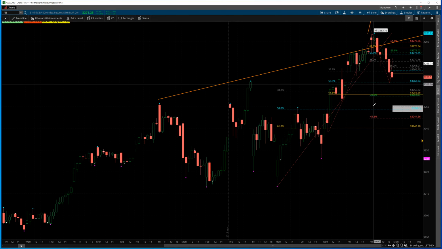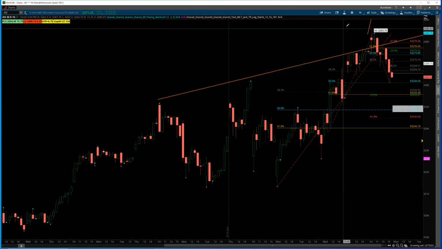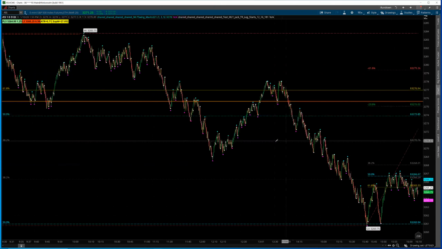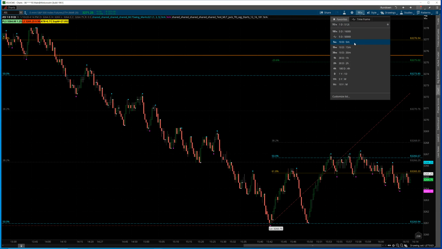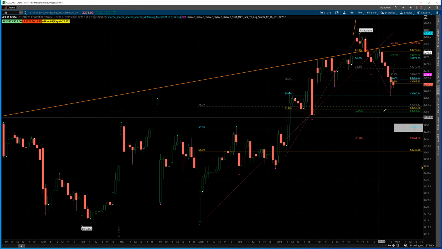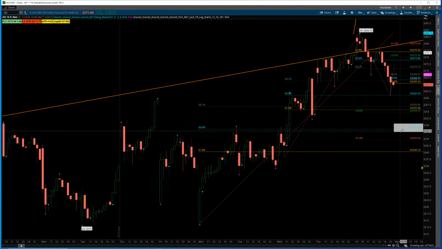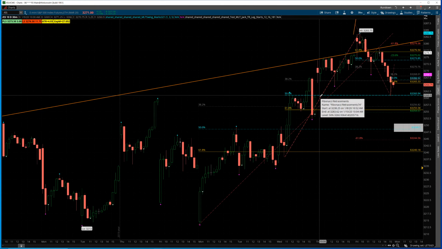Now, that level right now is 32.48s. When we get to those 32.48s, you could follow the micros down and wait for a micro break if you want. But the reality is that level is much more significant than this right here. We kind of rallied from a gap fill. It was a gap fill on the low.